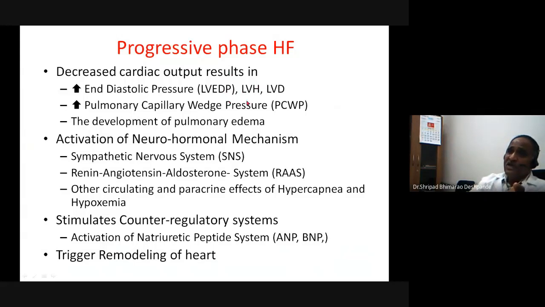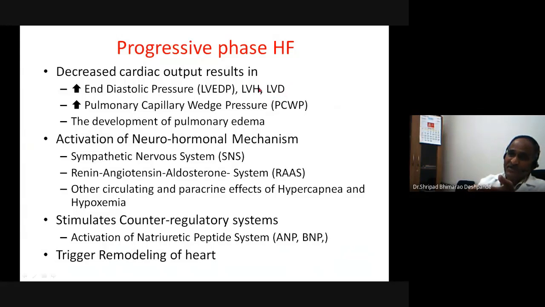This would activate or produce left ventricular hypertrophy. But we don't know whether it is the contractile tissue or the matrix tissue which is being hypertrophied.